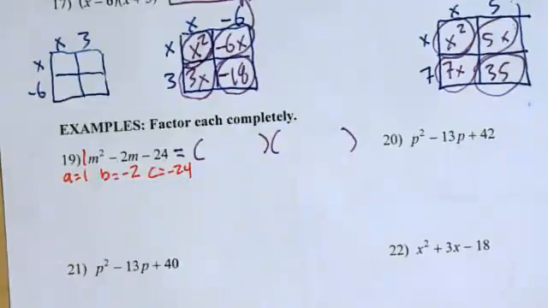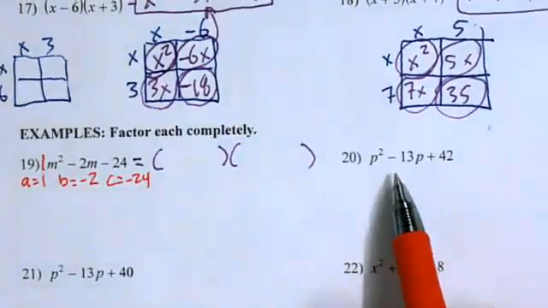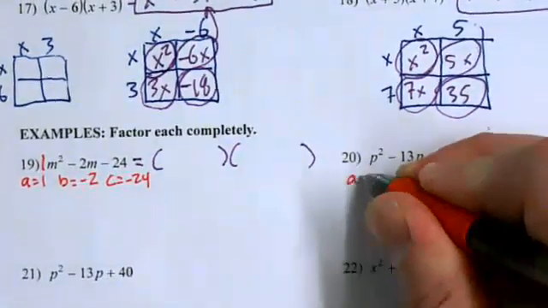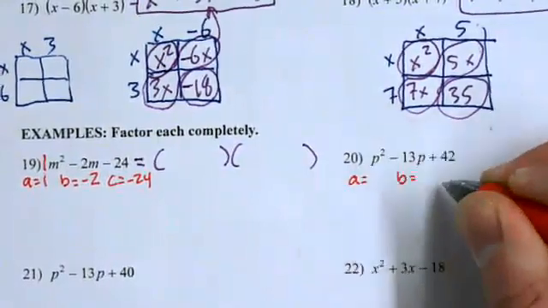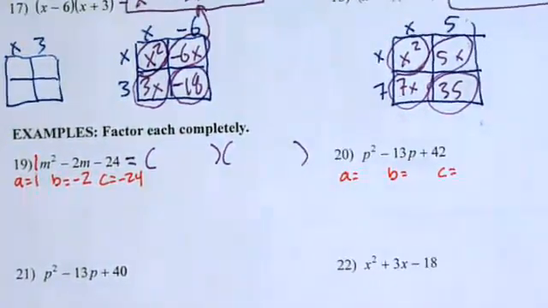Prove it to me. Show me on number 20. Can you find A and B and C for number 20, please? See if you can find A and B and C for number 24 for me. I'll give you a clue. A is not visible.